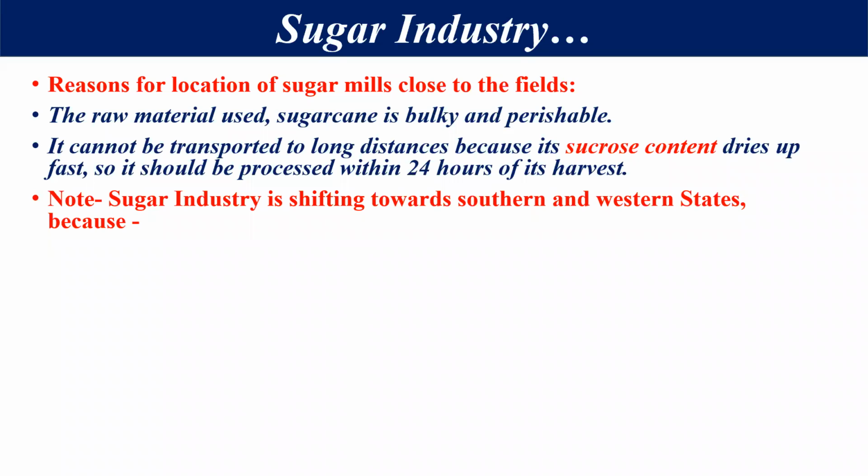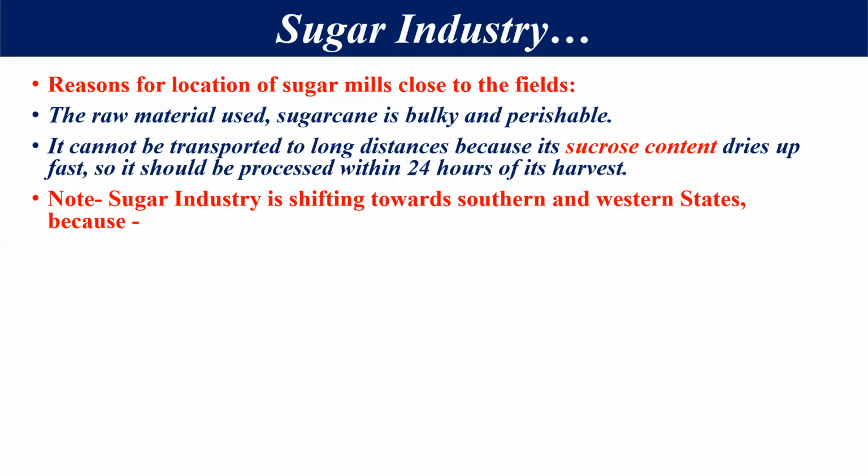We have discussed that nearly 60% of sugar industries are located in Uttar Pradesh, but during these days we have a new trend, that these sugar industries are now shifting from the northern part to the southern and western part of the country.